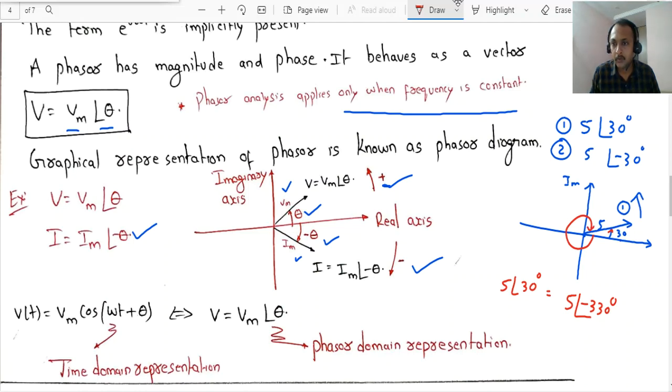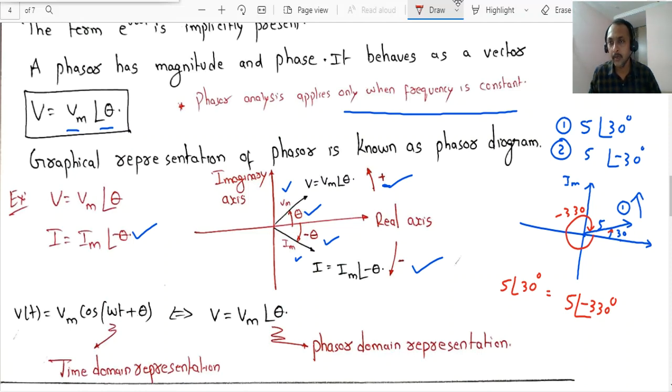If you are rotating in this direction, now this angle is minus 330 degrees. That is the meaning. Clear? For both the things, if I ask you to draw the phasor diagram for 5 at an angle minus 330, the same diagram you will get.